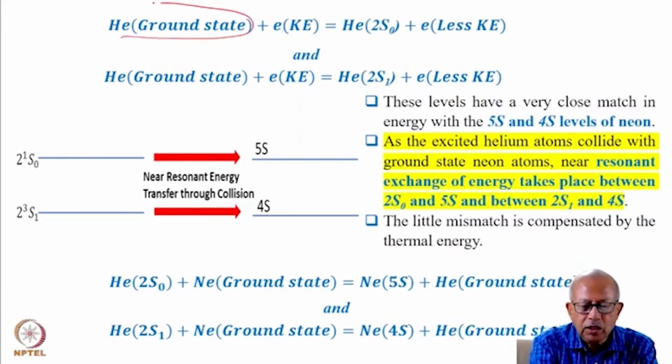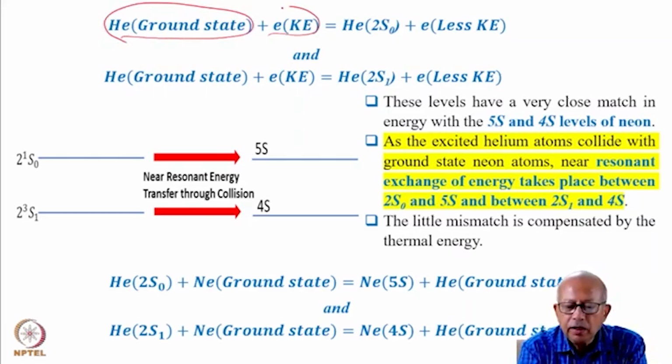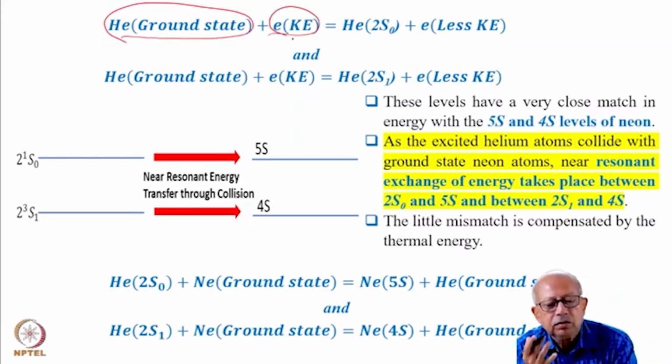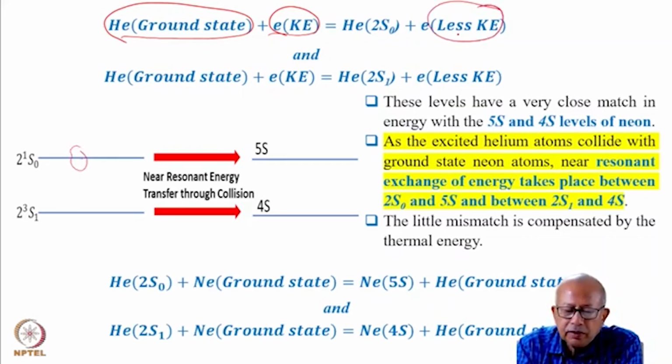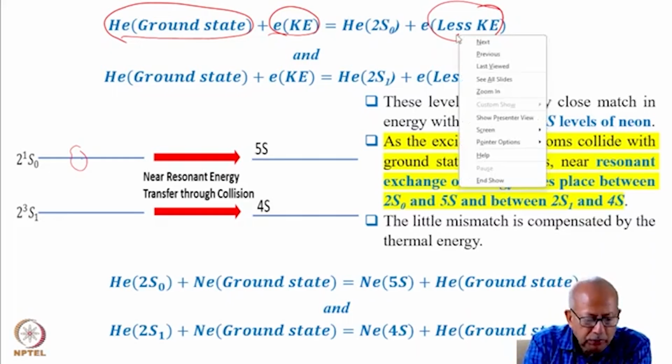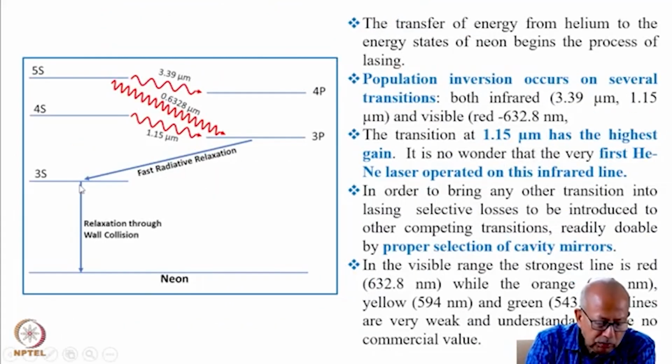Helium in the ground state collides with an electron which has appropriate kinetic energy, and these collisions bring helium to this state. The electron now moves with less kinetic energy because some of the kinetic energy has been given to bring the helium from its ground state to this state.